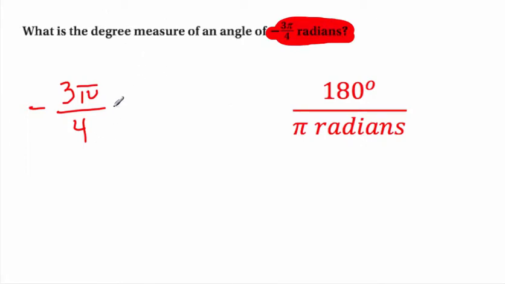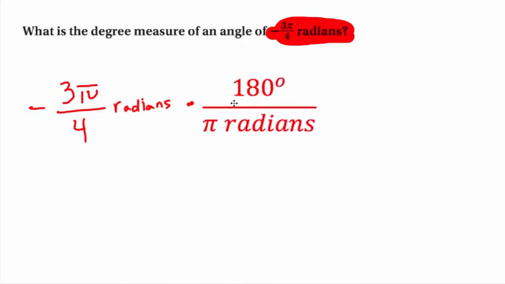So negative 3 pi over 4 radians times, and now I'm going to scoot this back in. I apologize for that little hiccup, but I'm going to multiply everything I can now. Make sure that you include your terminology because you want it to cancel. This pi is going to cancel with this pi. This radians is going to cancel with this radians. So really all I'm multiplying is negative 3 over 4 times 180.